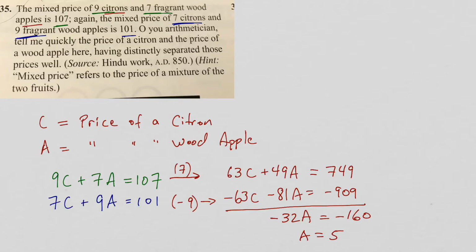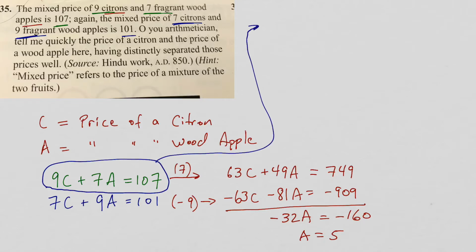Okay. Now I'm going to take that and plug this back into one of my originals. So let's say I plugged it into this one here. I'll have 9C plus 7A, which we now know is 5, is equal to 107. So 9C plus 35 equals 107.